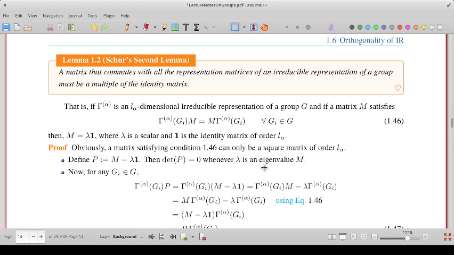Now Schur's second lemma. Suppose we have a matrix M and an irreducible representation gamma alpha.